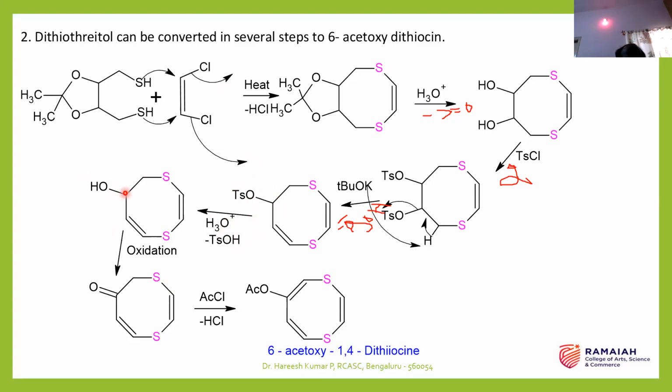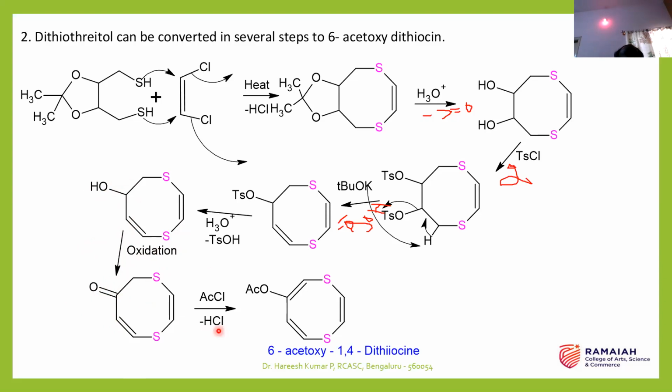Similarly, secondary alcohol on oxidation gives ketone. So what is happening here? Dehydrogenation, removal of H2. Any dehydrogenating agent can be used, for example DDQ, which can be used to convert a secondary alcohol into a ketone.